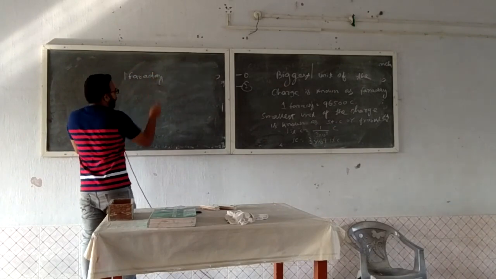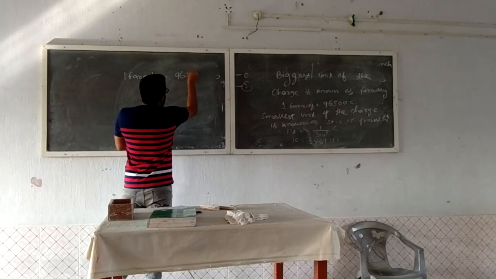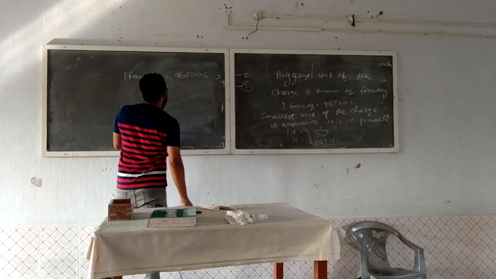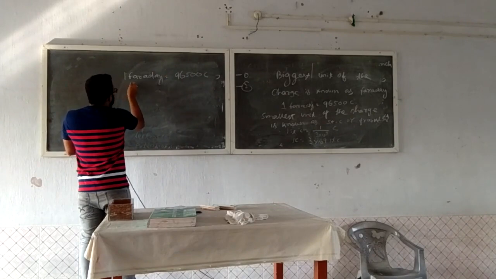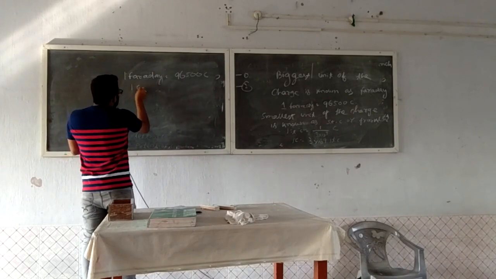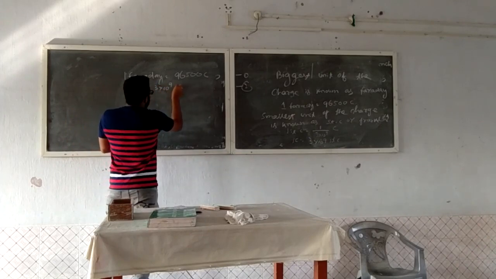One Faraday equal to 96,500 coulomb. Okay, and 1 coulomb equal to 3 into 10 to the power 9 statcoulomb.